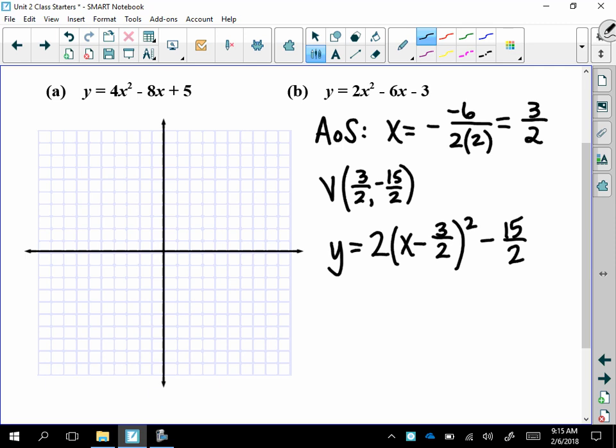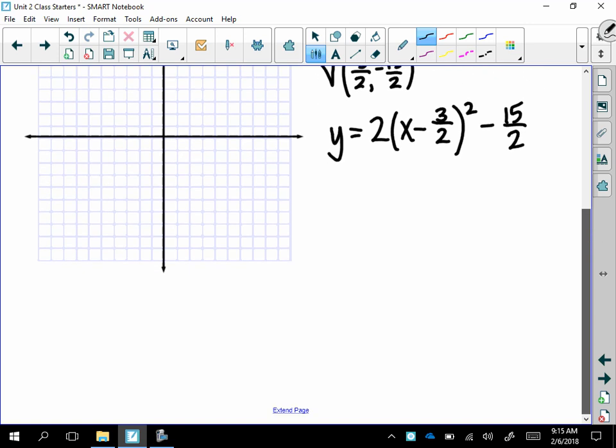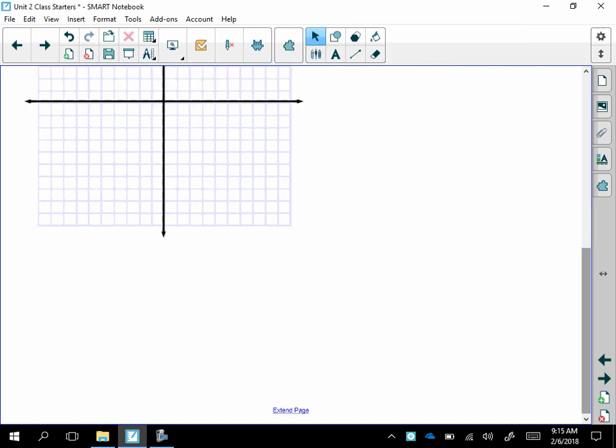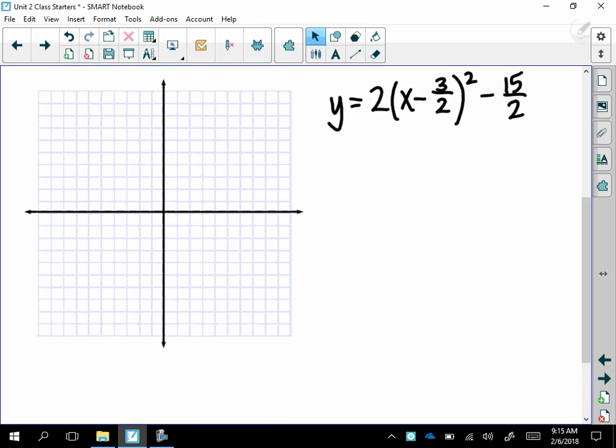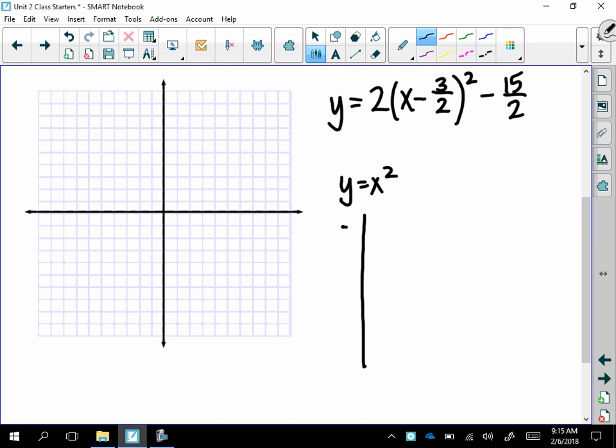And now that we have it in vertex form, it's going to be a lot easier for us to just apply all those transformation rules to our parent function, which of course we know is the quadratic. And what all are we doing to that parent function?